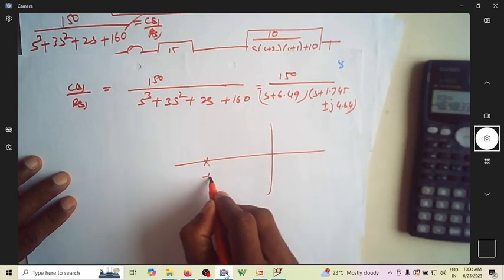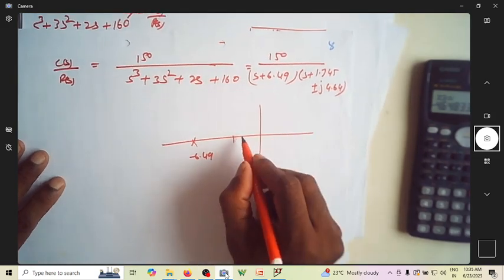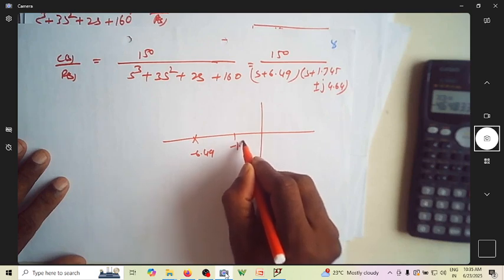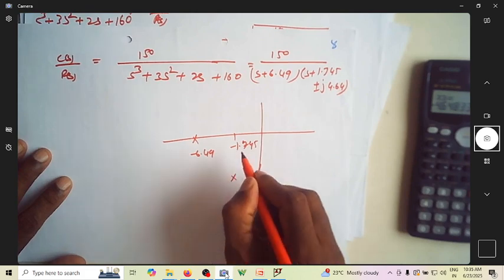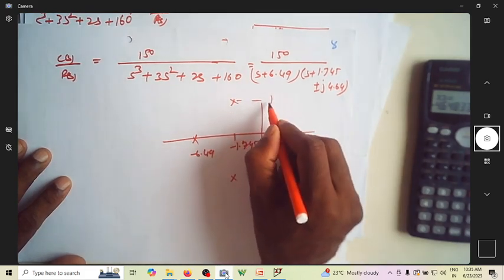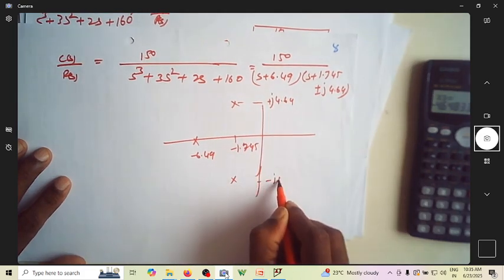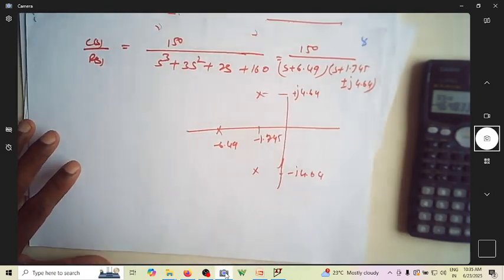There is a pole at minus 6.49. There are complex poles at real value minus 1.745, and imaginary part plus j 4.64 and minus j 4.64. So these are three poles, the closed loop poles.